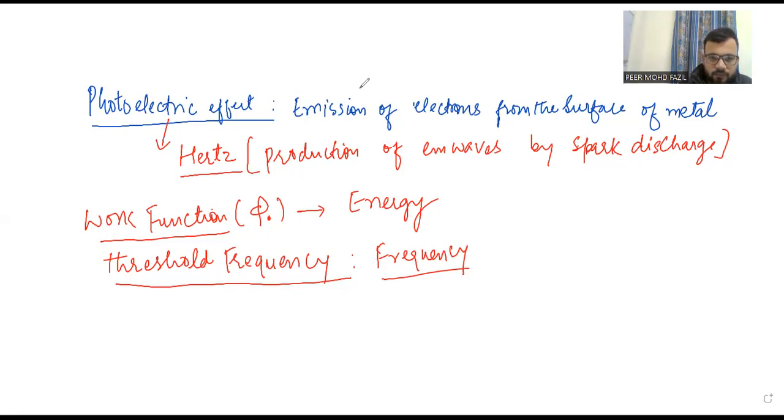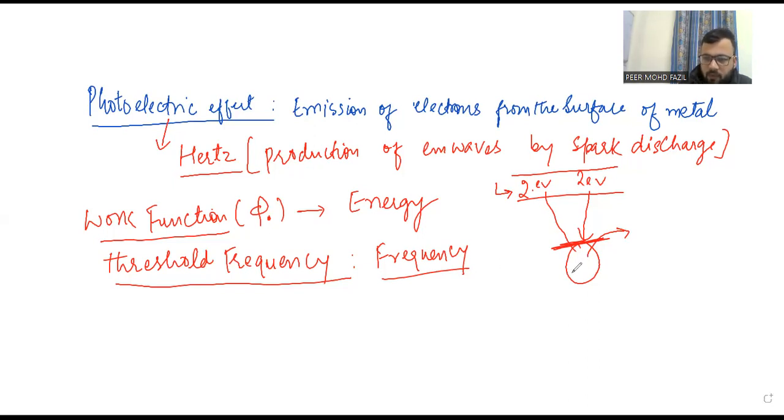So, dear students, suppose we have a metal with a work function of 2 electron volt. What does that mean? The minimum energy that I have to apply so that the electrons get ejected from the surface of the metal is known as the work function.